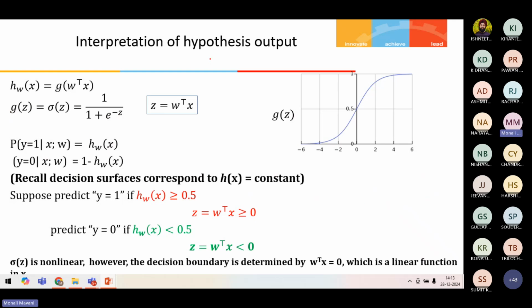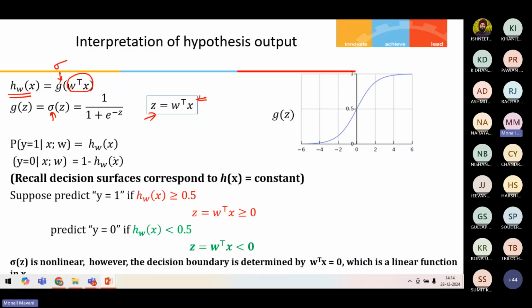So how do we interpret this output? The hypothesis function is a weighted sum of input which is passed through a nonlinear function. In the case of logistic regression, that nonlinear function is a sigmoid function. So how is the sigmoid function mathematically defined? 1 upon 1 plus e raised to minus z, and z is nothing but the weighted sum of the inputs. So how do we interpret this hypothesis function?